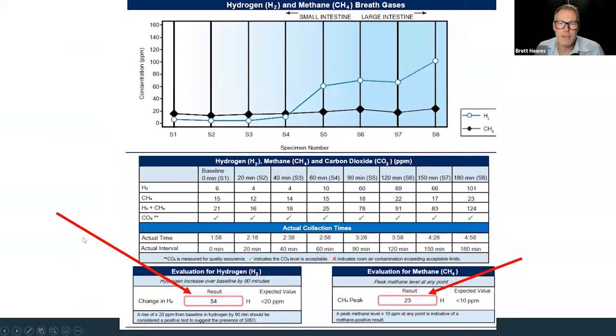All right. So this here, this is a 3-hour test. And I'll just tell you this much, that anything after the 120-minute mark, you're getting into the large intestine, sorry. Okay, and I think it actually says that over here. So just be aware of that, because the large intestine does produce a lot of hydrogen gas normally.